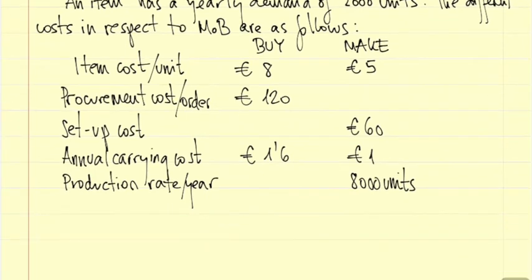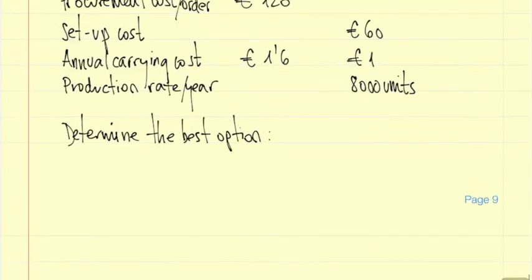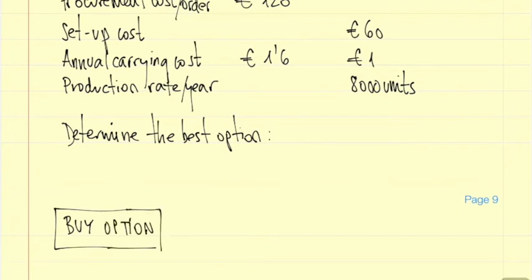So what is the best option? Determine the best option. Buy. In the buy option, D is 2,000 units. Okay.